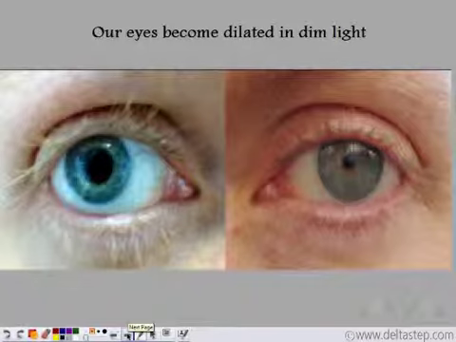Now, why do our eyes become dilated in dim light? See, under normal conditions, when there is light in the room, the pupil remains undilated.